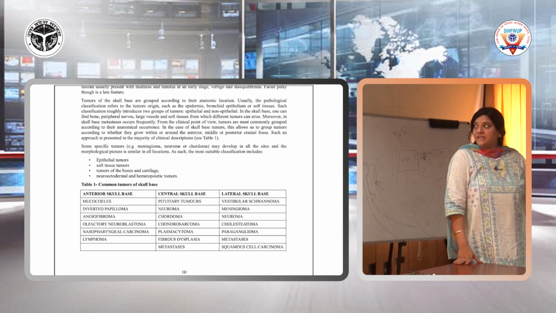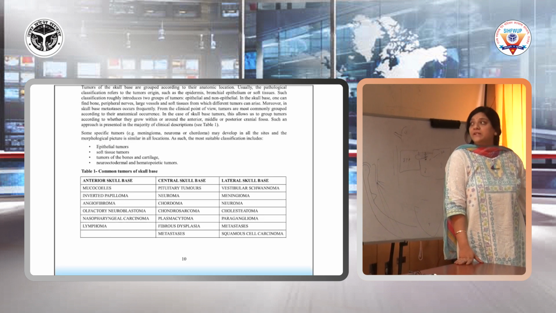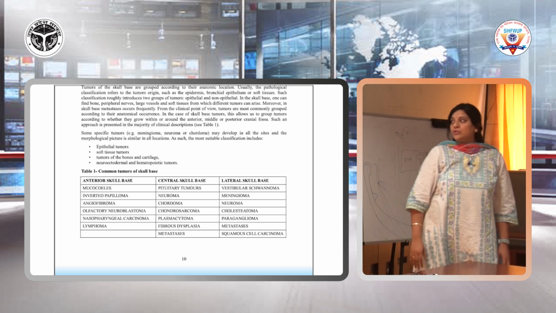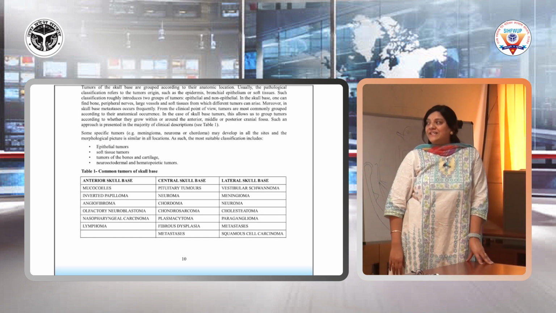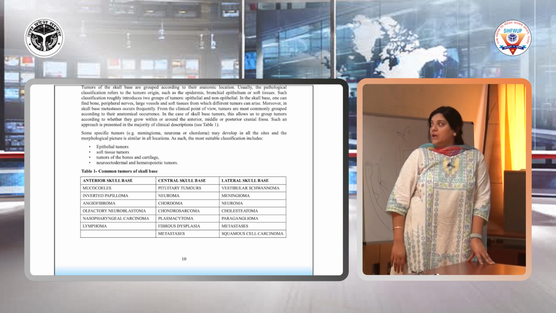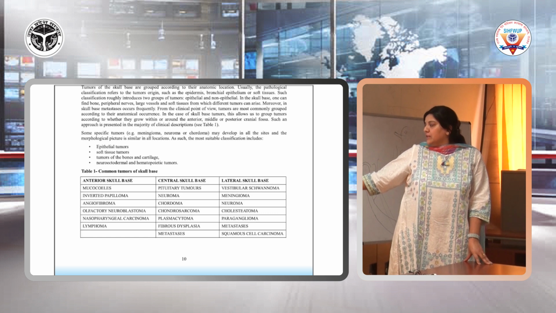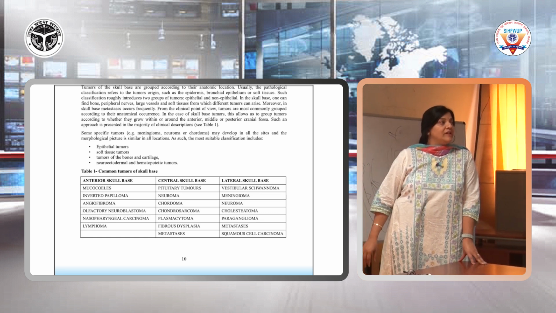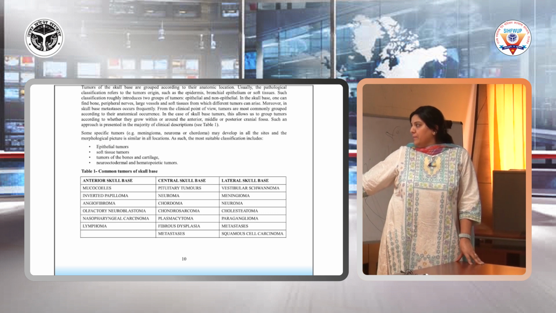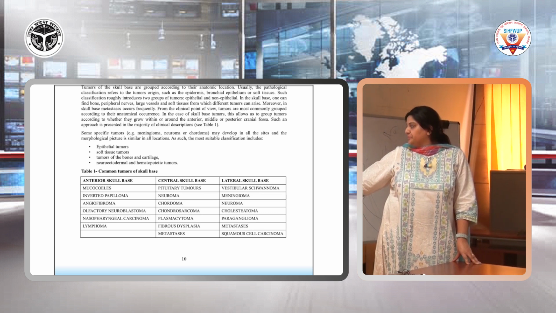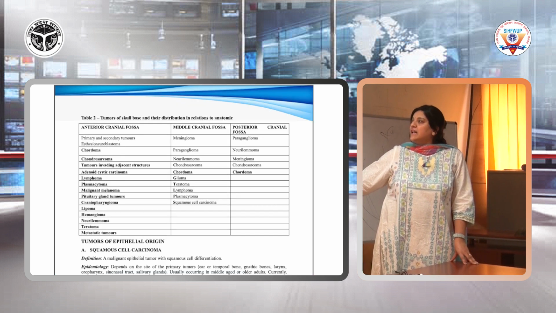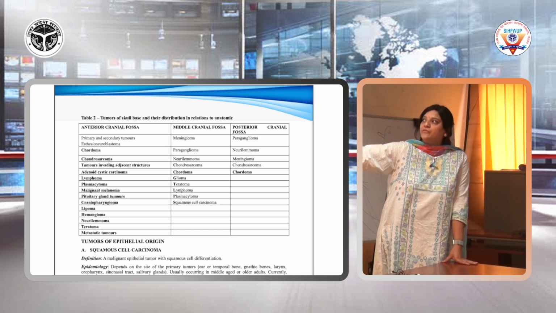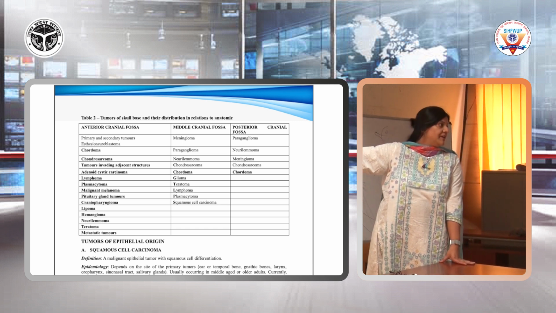Coming to central skull base lesions, there are pituitary tumors, neuroma, chordoma, chondrosarcoma, plasmacytoma, fibrous dysplasia, and metastasis. Lateral skull base lesions include vestibular schwannoma, meningioma, neuroma, cholesteatoma, paraganglioma, metastasis, and squamous cell carcinoma.